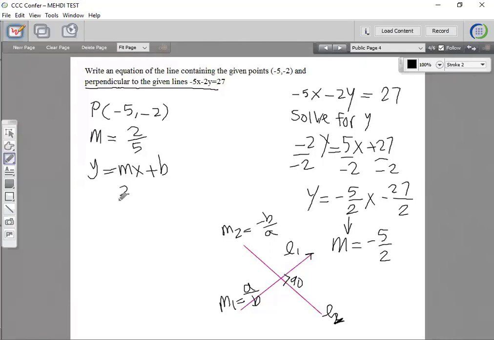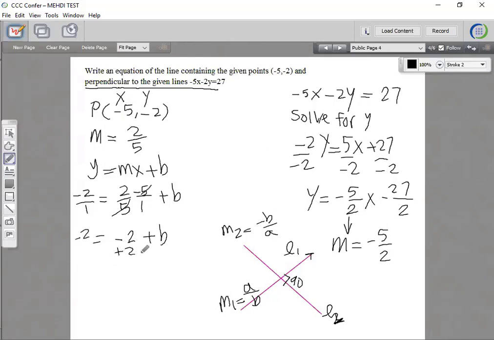My slope is 2/5. It's right here. I'm going to treat this point as point P. So my x would be -5/1, and my y would be -2/1, plus b. It looks like this 5 and -5 would reduce. So you get 2 times -1, which is -2, plus b is equal to -2.